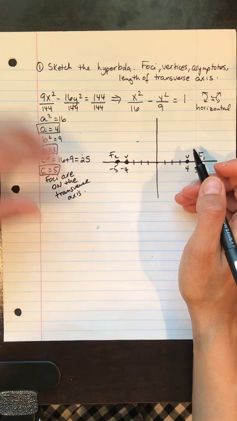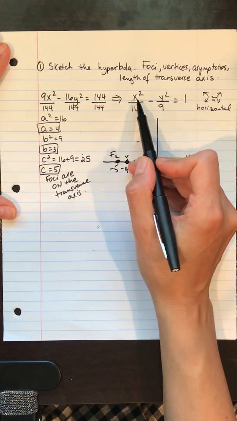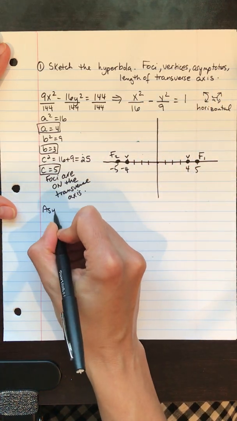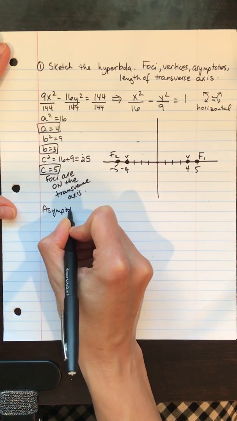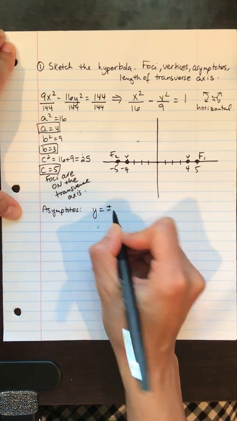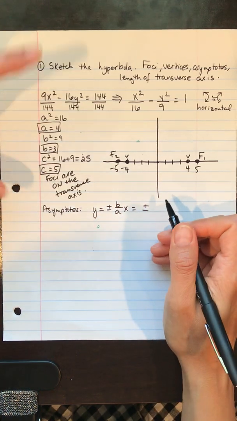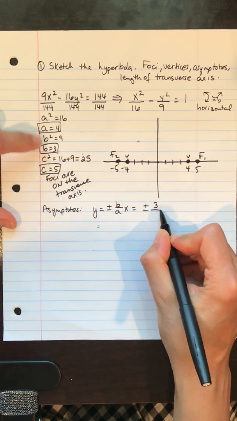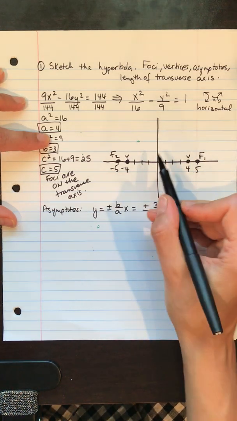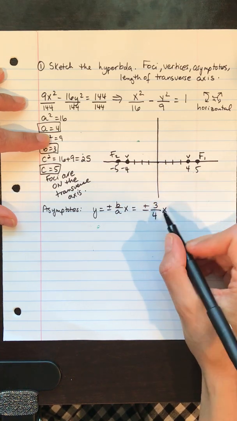Well, if you remember the thing about asymptotes, in a hyperbola where x squared is first, the asymptotes, if you look at your chart that we just wrote out, are y equals positive and negative b over a x. So that's plus or minus, b is 3, a is 4, x. So here's what we're going to do. If I start at 0, 0, and I have a line, this is a slope.